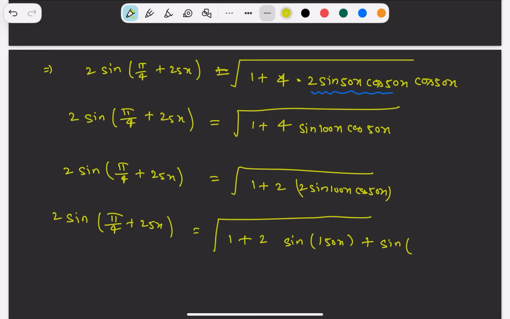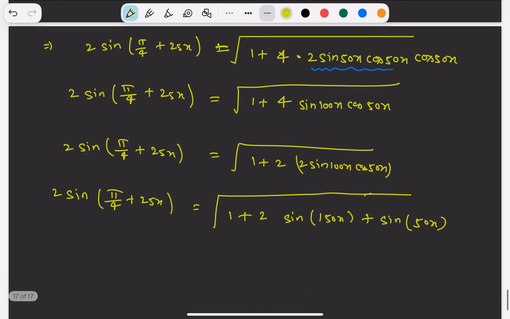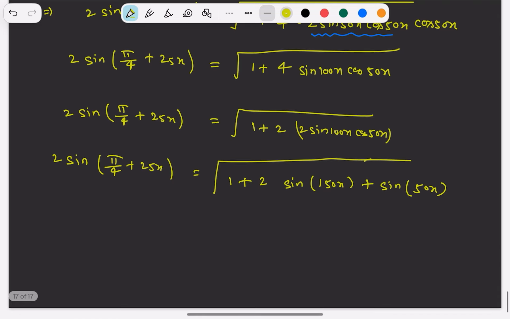Sin A minus B. A minus B means 50x. 2 sin A cos B we are going to get. Till here it's fine now, right. And this 2 will be multiplied in both terms, correct.